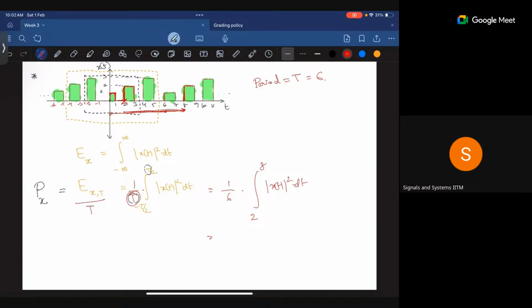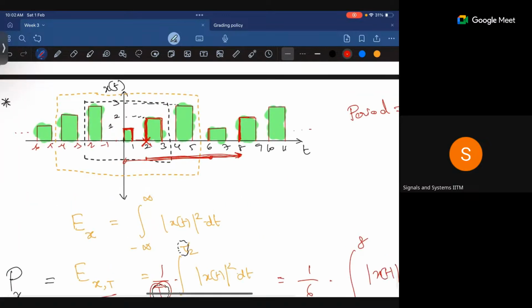So from 2 to 8, you see our signal has amplitude 2 in the interval 2 to 3, amplitude 3 in the interval 4 to 5, amplitude 1 in the interval 6 to 7. And 3 to 4, 5 to 6, 7 to 8, it is 0.